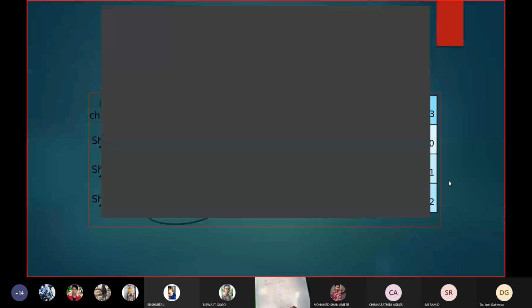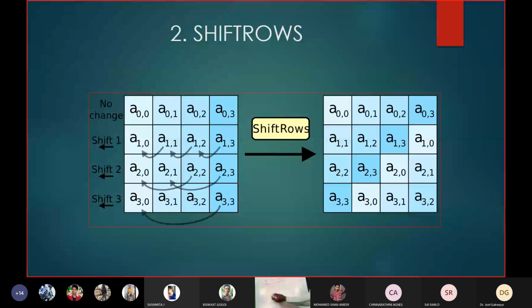Now, the concept says that the first row remains unchanged. Means in the next substitution, the first row will remain as A00, A01, A02, A03. The second row is going to shift one step from right to left.